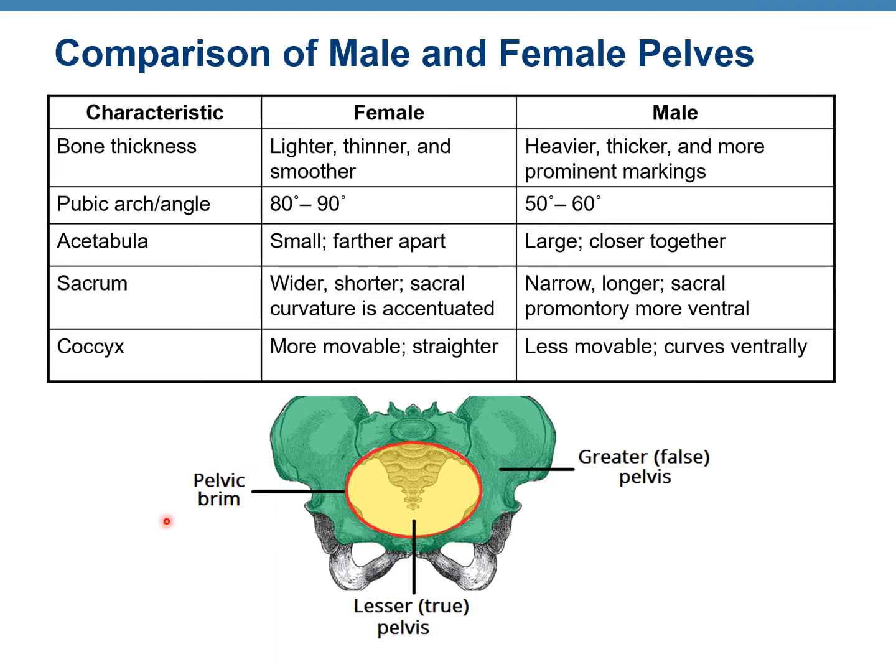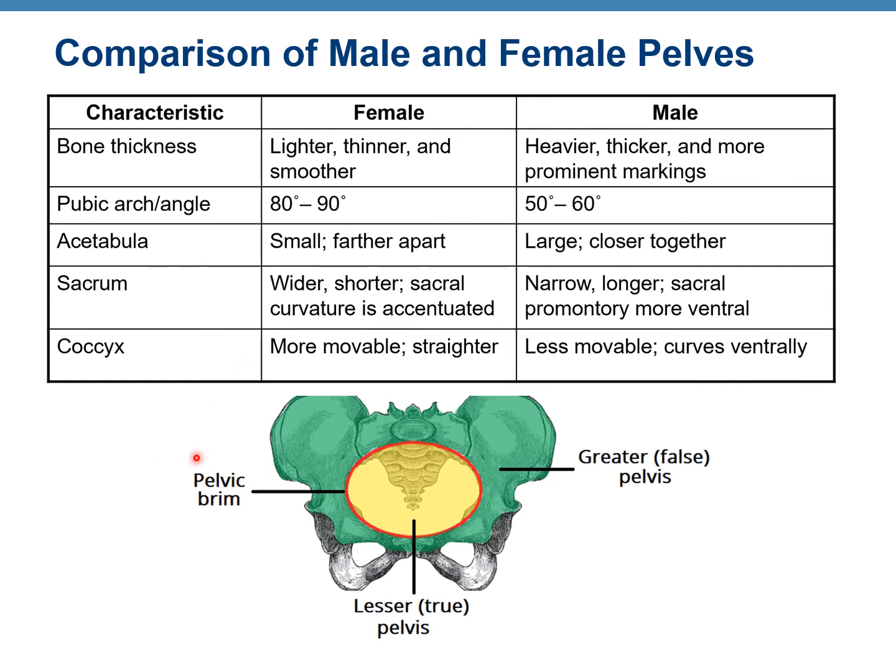The acetabulum is this socket where we form a joint with the femur, right? The head of the femur fits in the acetabulum, and in a female it's small and further apart, and in the male it's large and closer together. Sacrum in a female is wider and shorter.